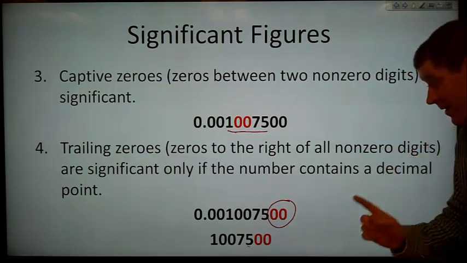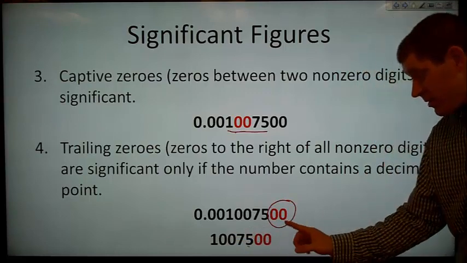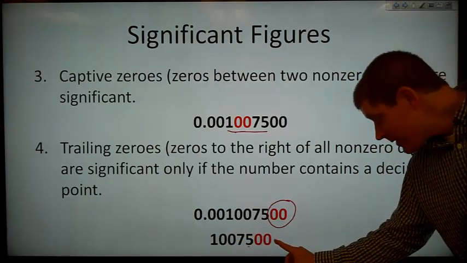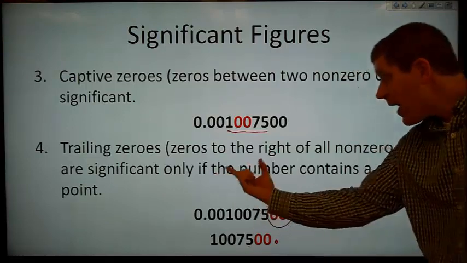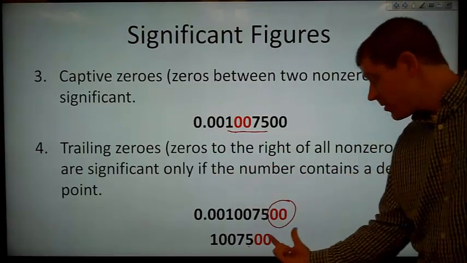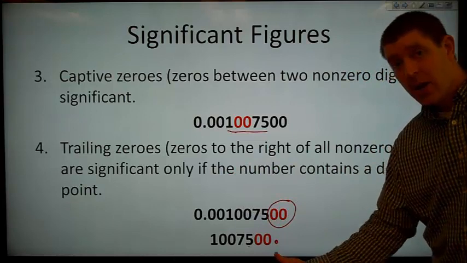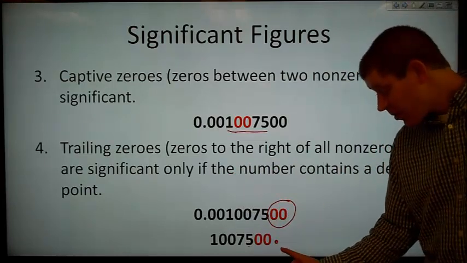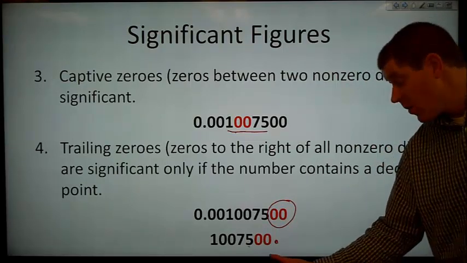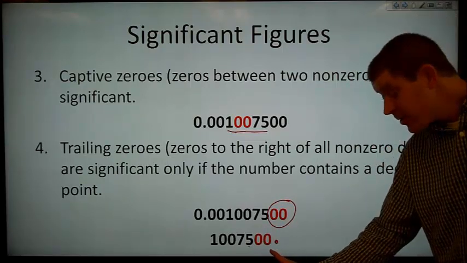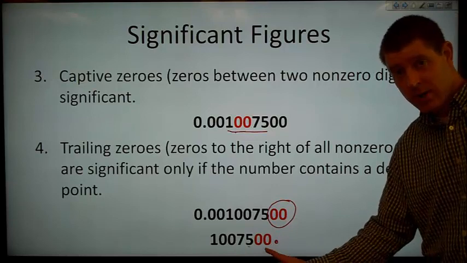However, if we write a decimal point, 1007500 decimal, now we have a decimal point. So now those zeros count. Right? So if you see a number that ends in 0, like this, in the ones place, with a decimal point, that 0 counts. And any zeros to the left.